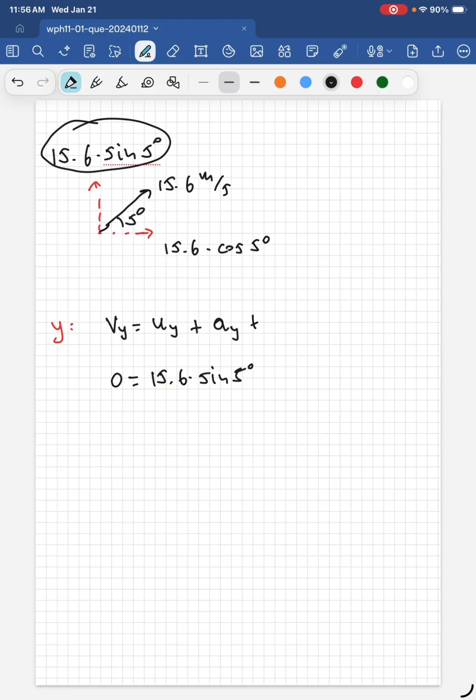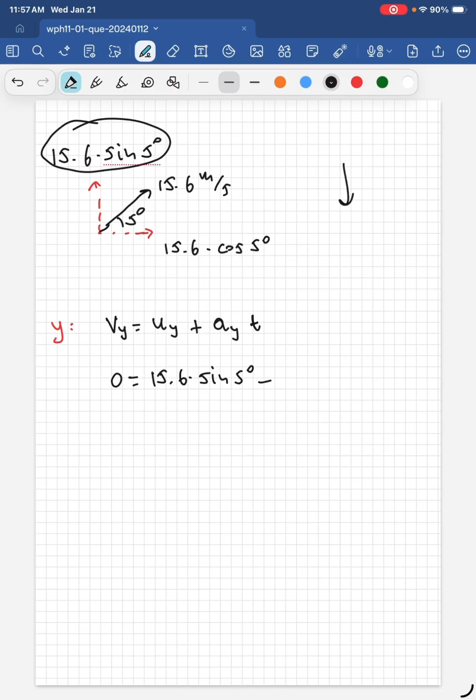And then, okay, what's the acceleration in the y direction? Minus g, right?